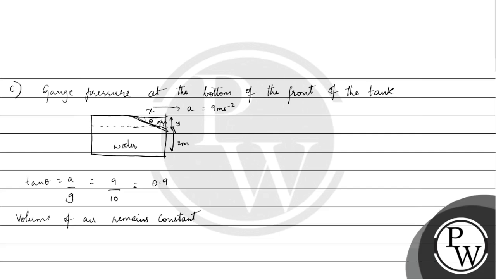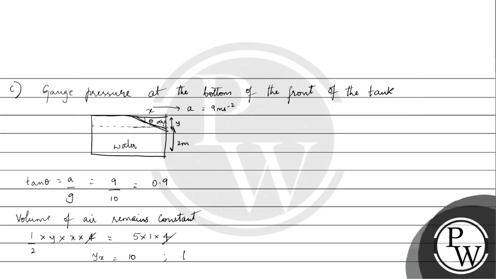So we have half into base into the height into the depth, which is 4, should be equal to, so ये है final volume, it should be equal to the initial volume, which is 5 into 1 into 4, क्योंकि accelerate करने से पहले the air column was of a height of 1 meters. So here we can cancel 4 on both sides. We get yx is equal to 10.